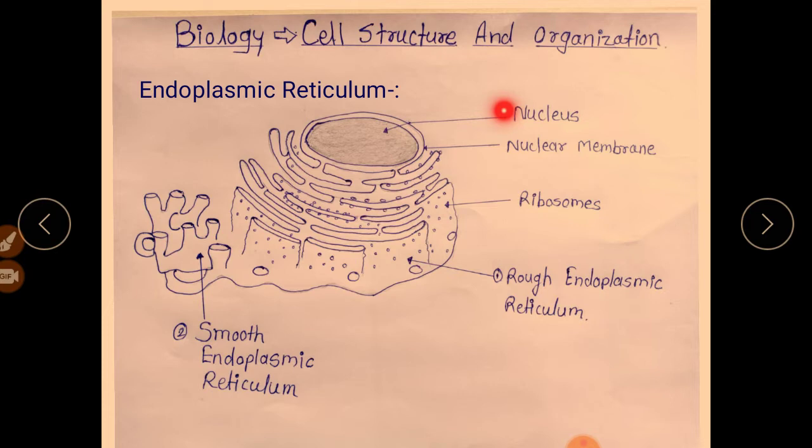Inside the cytoplasm, a number of membrane-bound cell organelles are embedded, and the endoplasmic reticulum is one of the cell organelles of the eukaryotic cell. We are going to discuss the structure and functions of the endoplasmic reticulum.